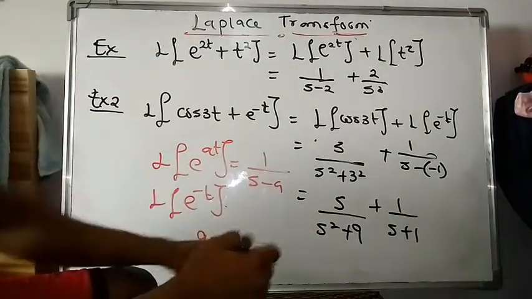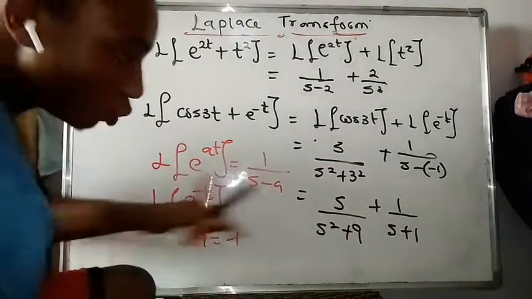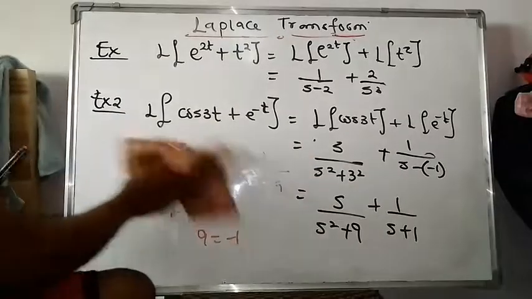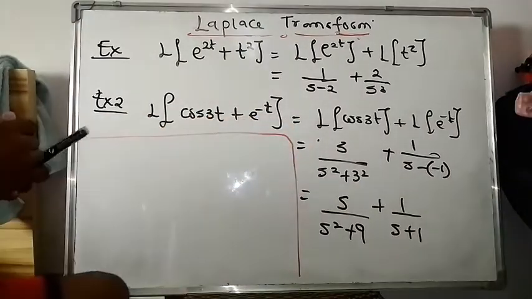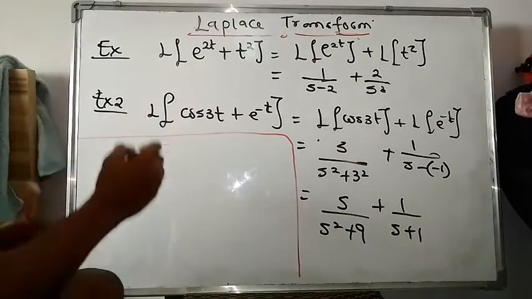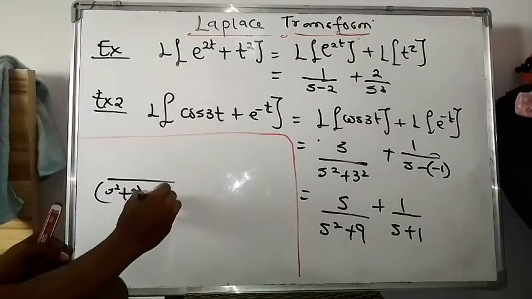Now this is the answer. You can choose to simplify it by taking the LCM. The LCM is s squared plus 9 times s plus 1.